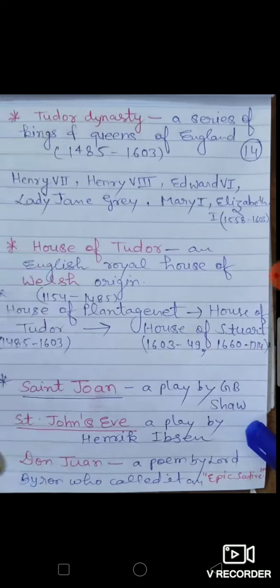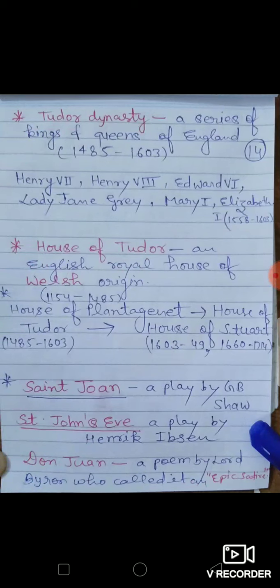Now come back. We have to talk of Tudor, T-U-D-O-R. Basically, Tudor is a dynasty, you can say, जिसको हिंदी में वंश बोलते हैं. Tudor dynasty is a series of kings and queens of England from 1485 to 1603.